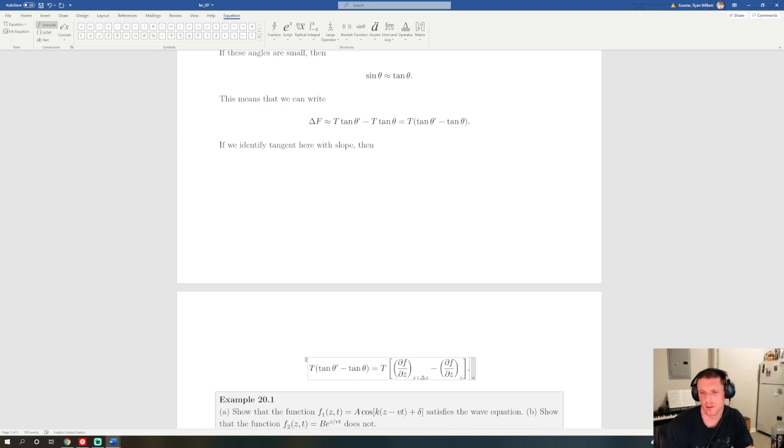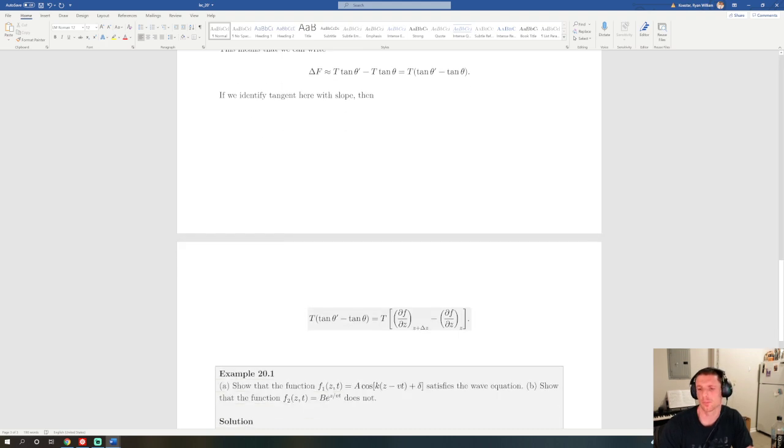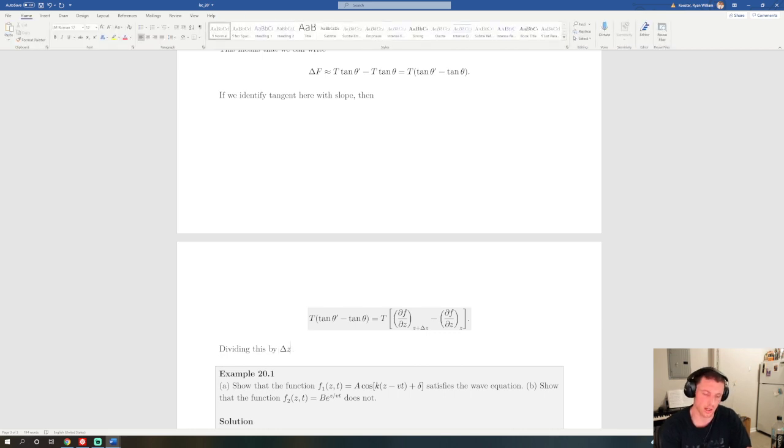Now, if we divide this by delta z, okay, let me say this. And I want to get this into a particular form. This is why I'm doing this, so it looks like essentially a second derivative, right? That's the point here.